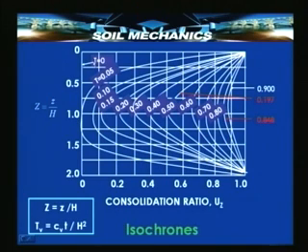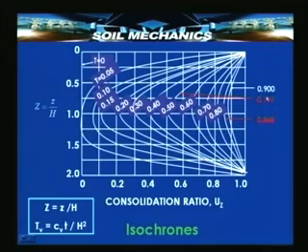You will find that we have T equal to 0 and going up to T equal to 0.9. 90% consolidation at any given depth and any given time would correspond to a time factor value of 0.848, whereas 50% consolidation will correspond to a value of 0.197.